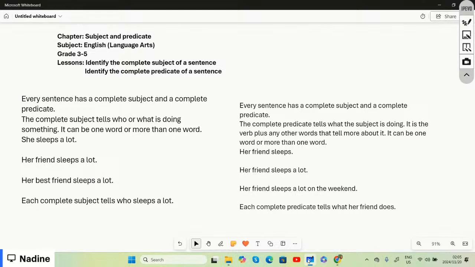And the lessons that we are going to be focusing on under this chapter: we're going to identify the complete subject of the sentence, and we're going to identify the complete predicate of the sentence.